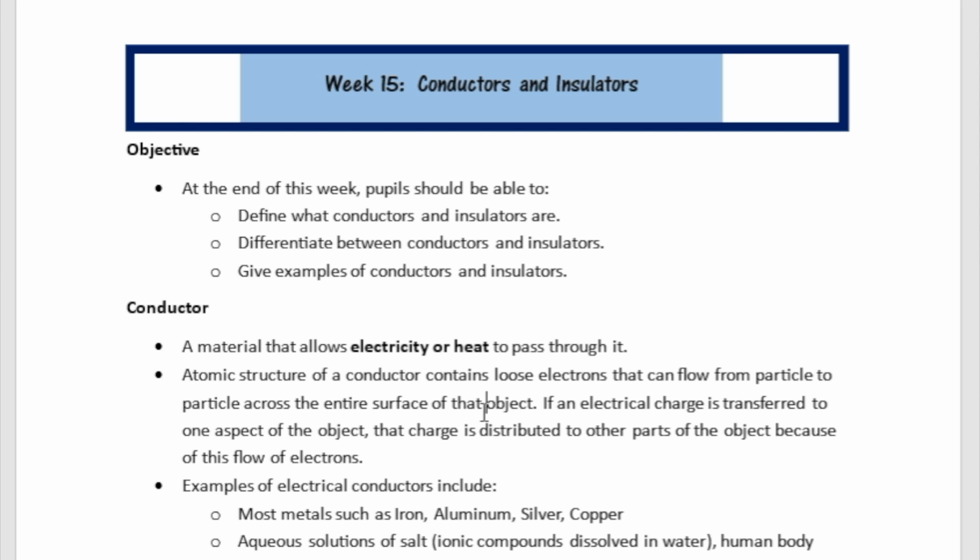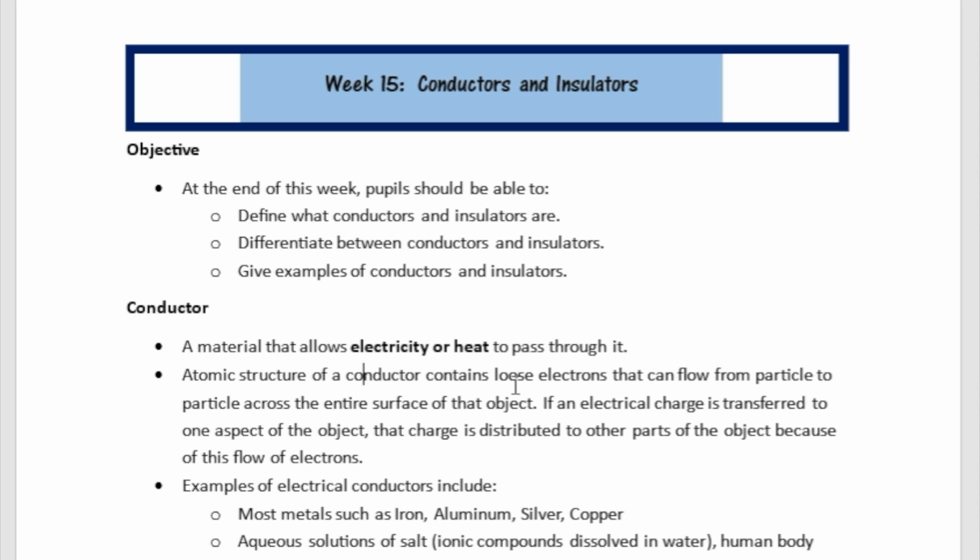But if the handle is not metal, if the handle is an insulator, the handle is not going to get warm. So it means that there are materials that will conduct heat, and there are materials that will not let heat pass through them. Well, guess what? That's what conductors and insulators are. So a material that's going to allow heat or electricity to pass through it is going to be a conductor.